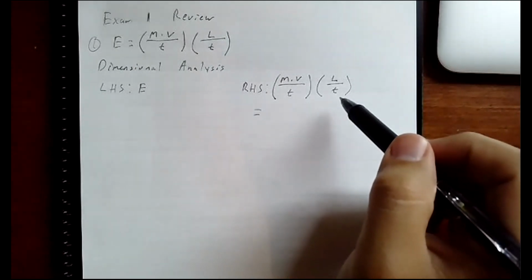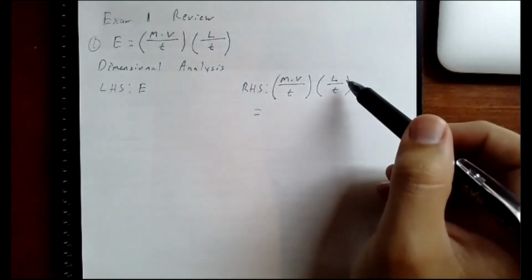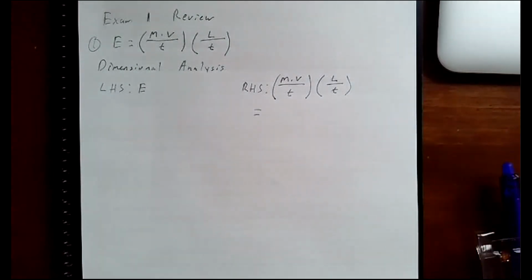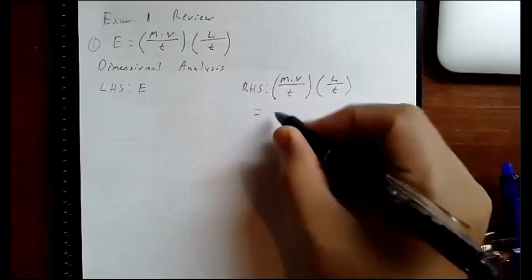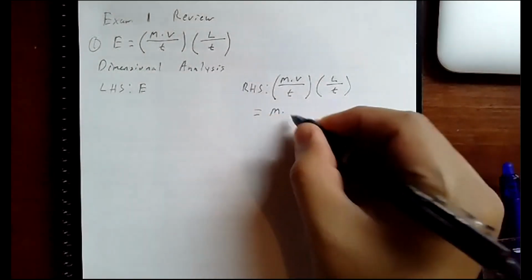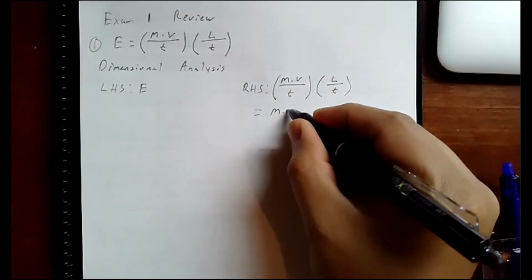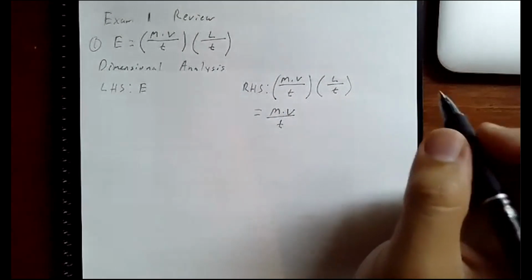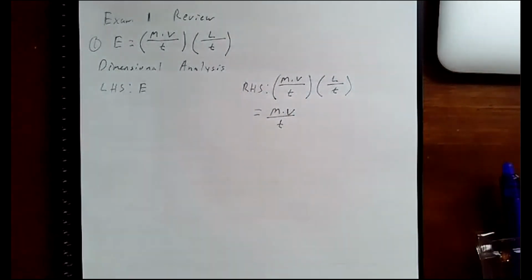All right, so first of all, L is going to be here, your length, right? So L over T, capital L over T, should be velocity. So right away, you can replace this with V. But before we do anything, we should probably figure out what is E as an equation, right?